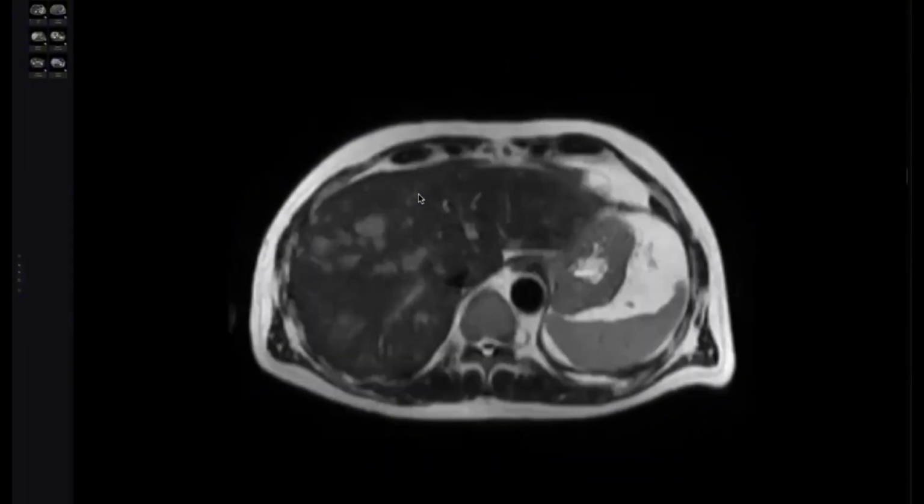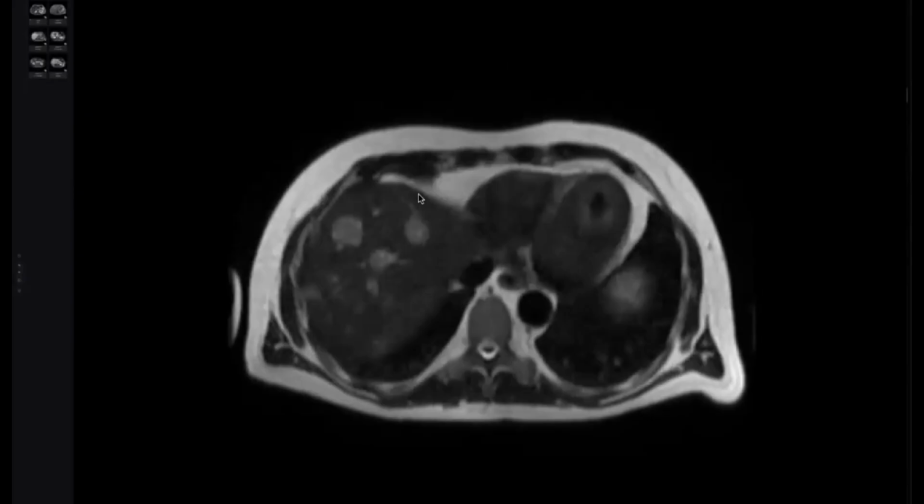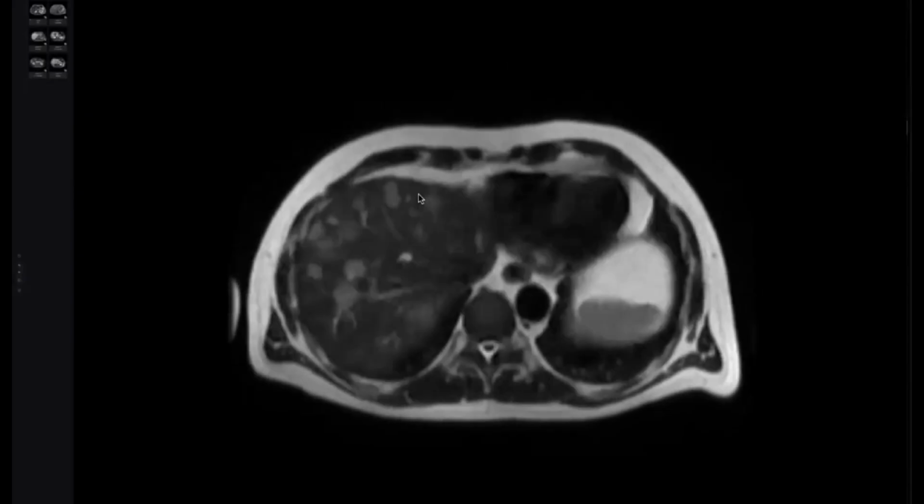What is this sequence? This is T2. Excellent. What is the signal intensity of these lesions?